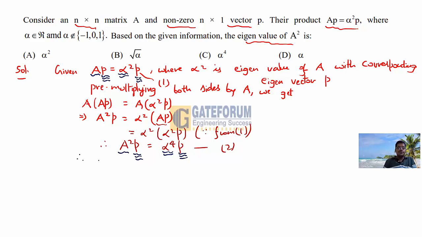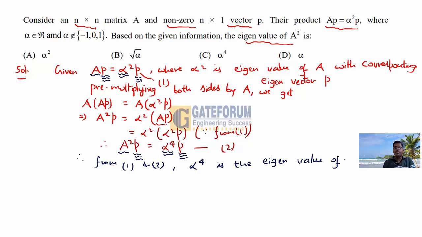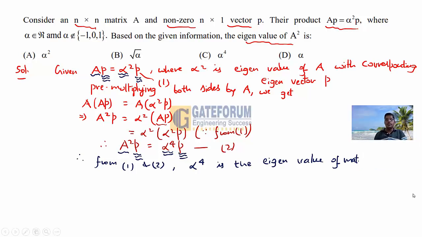Therefore, from 1 and 2, alpha power 4 is the eigenvalue of matrix A square. So the answer is alpha power 4, that is alpha raised to power 4. Accordingly, option C. This is the end of the question.